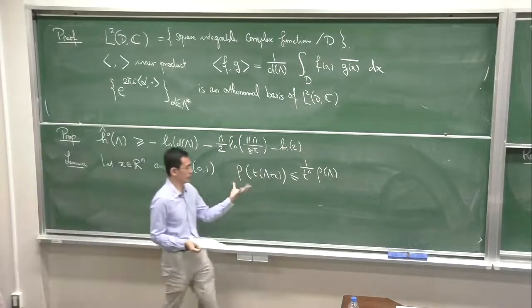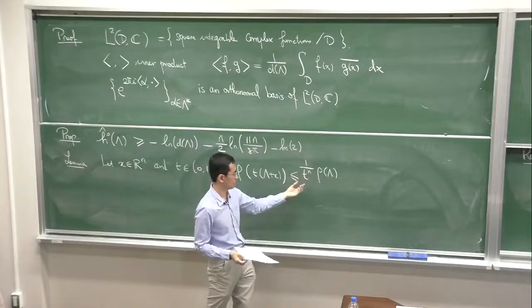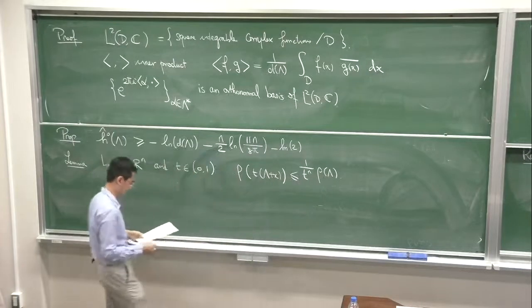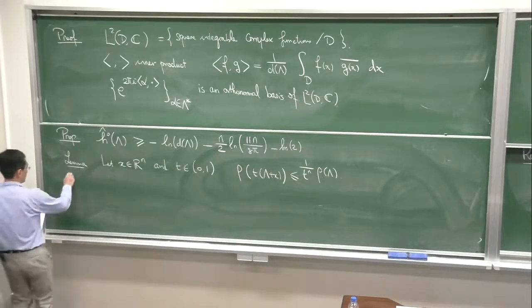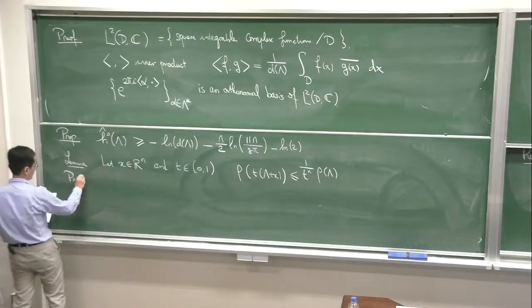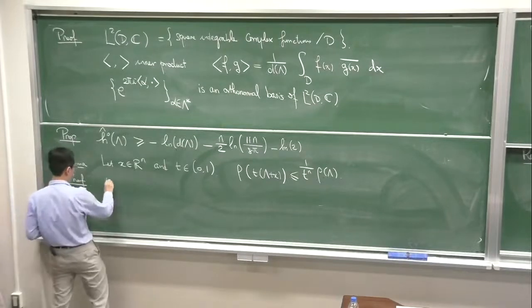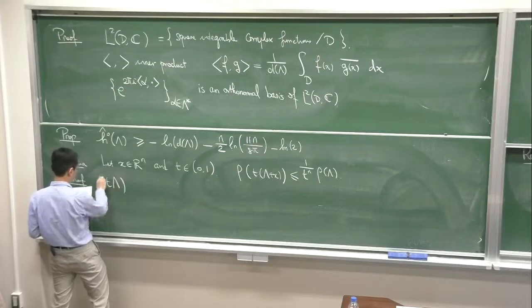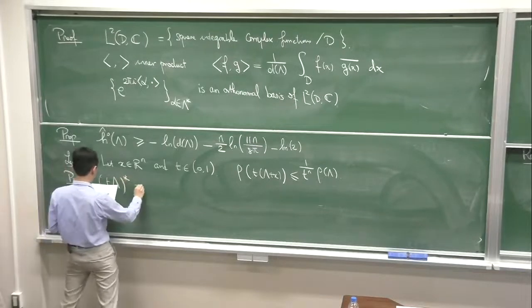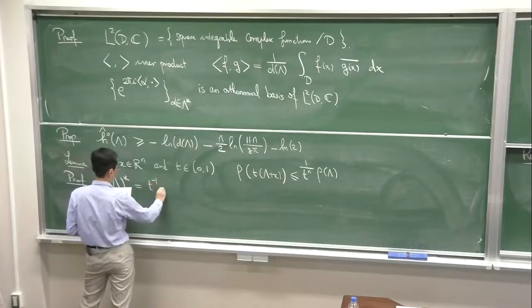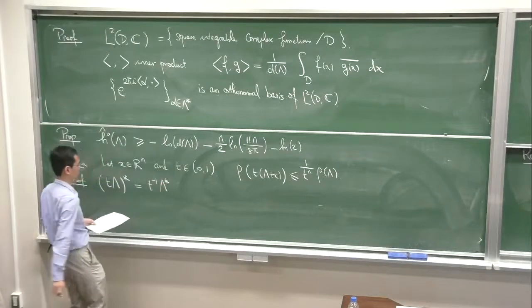So if you increase the size, then the behavior is somehow like that. I'll give you the proof. So you have t lambda. If you compute the dual lattice, then you will find just t^(-1) times the dual lattice of lambda.